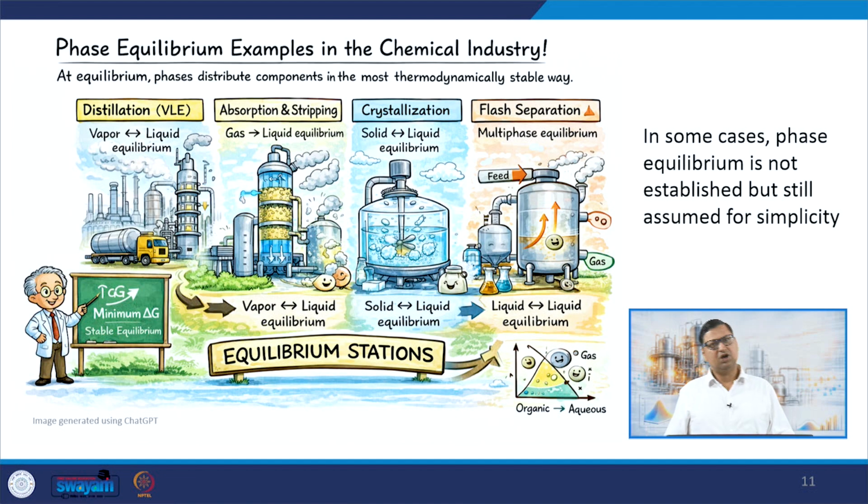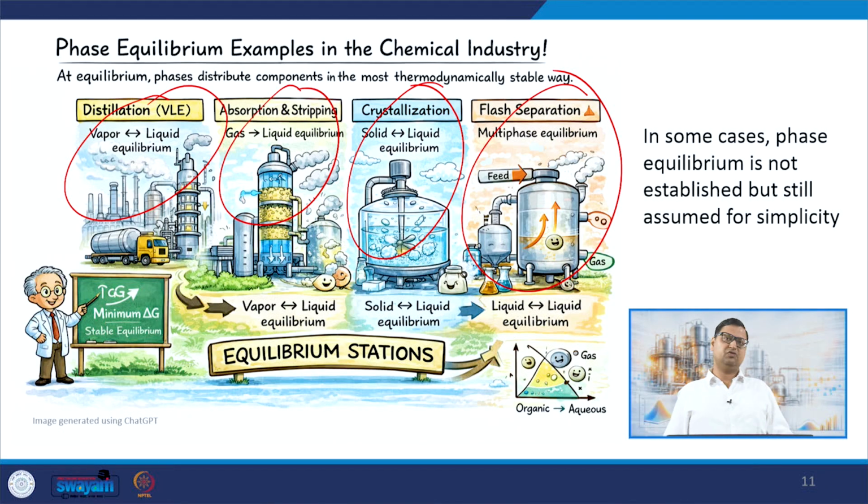So, I will talk more about this idea of phase equilibrium going further and the concept of degree of freedom, but one thing that I want to tell you right now is that there are many examples where phase equilibrium does exist in the chemical industry, and in some cases even if it doesn't exist totally, it is still assumed because it makes our life easier, or as some kind of an ideal limit that we try to achieve, right.